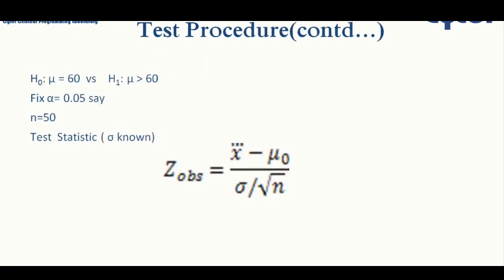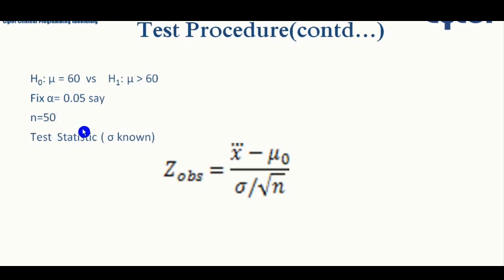Let us see how we will come up with the test statistic for the example or illustration we are considering. We have formulated these two hypotheses. We have fixed the value of level of significance at 0.05. Suppose we have decided to take a sample of size 50.